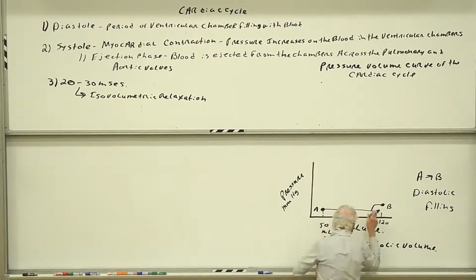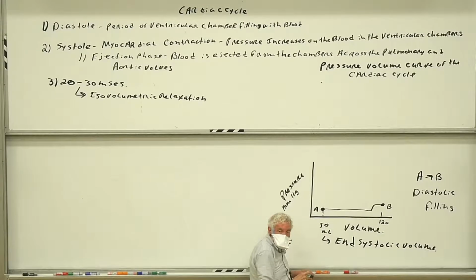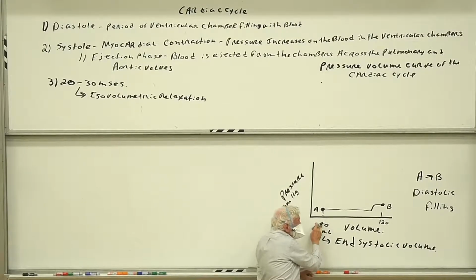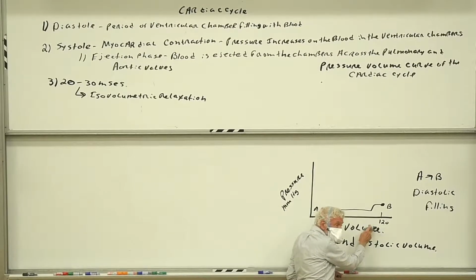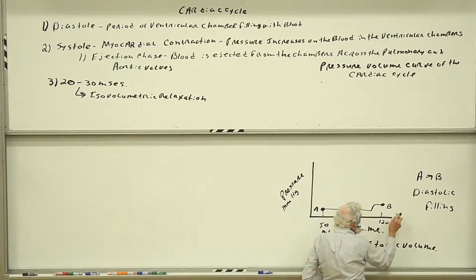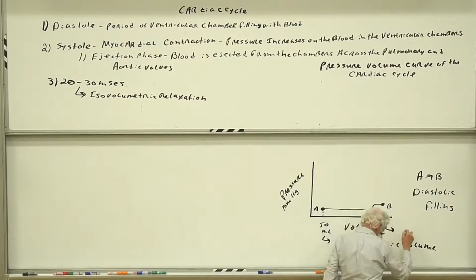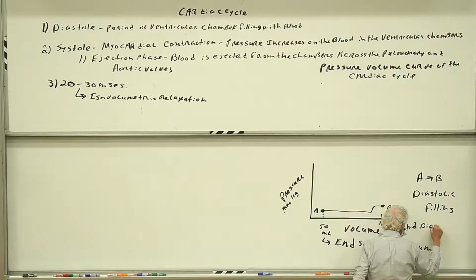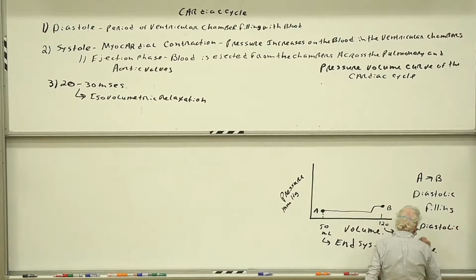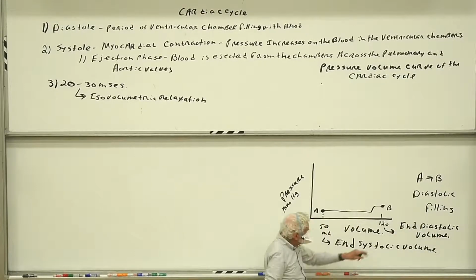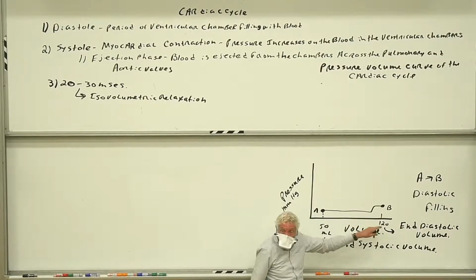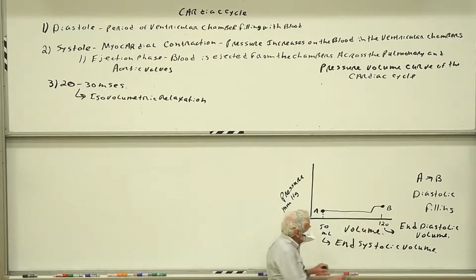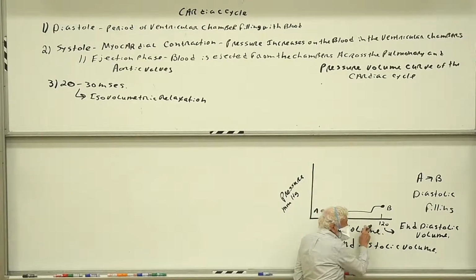So between point A and point B, the volume's increasing from 50 mils to 120 mils. And this point out here, at the end of diastolic filling, is said to be the end diastolic volume. Typically, in a resting heart, it's about 120 mils for most of it. It can be more in some people, and we'll talk about that. But typically, the end diastolic volume is about 120 mils.